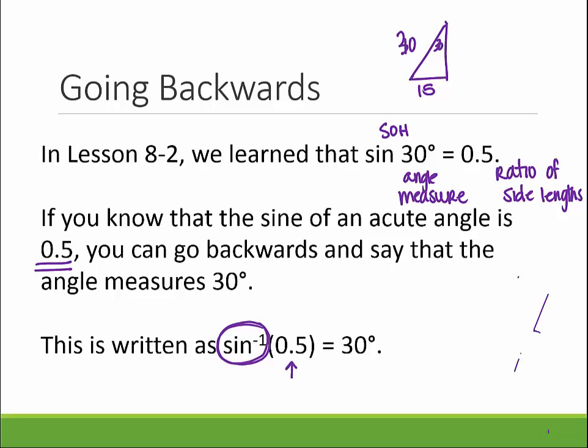I know that this is the ratio of side lengths, and I'm going to find the degree. So find the angle measure.